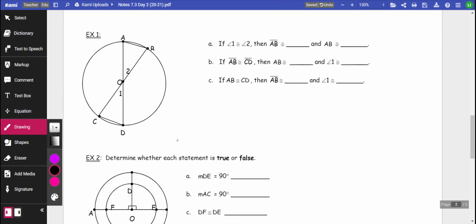Okay, in example 1, it says, if angle 1 is congruent to angle 2, so I have a pair of congruent central angles, then segment AB is congruent to segment CD. Those are the corresponding chords of the circle connecting the endpoints of the sides of my angle. And arc AB is congruent to arc CD.